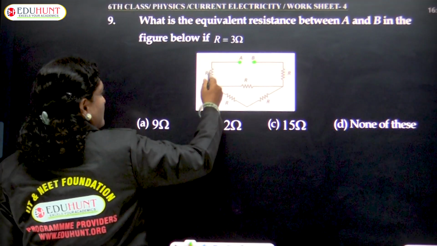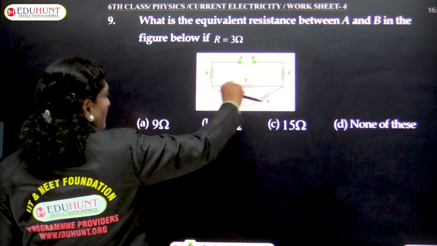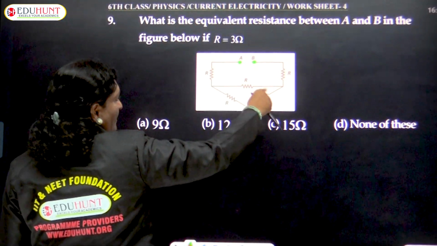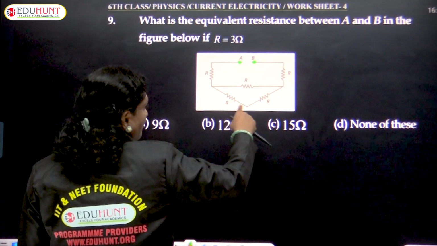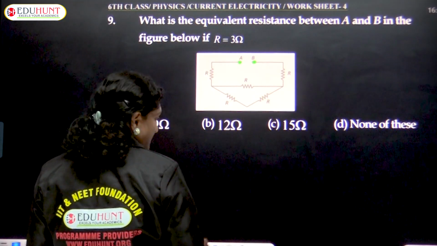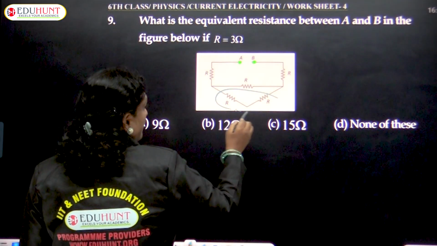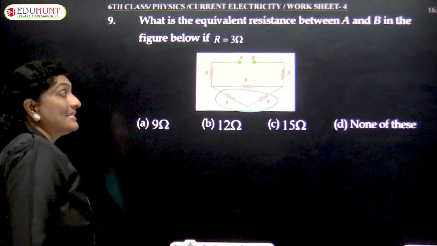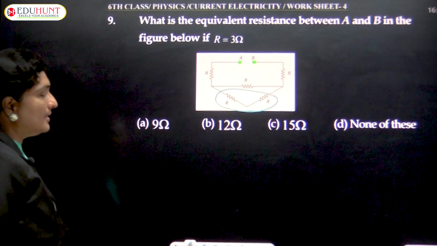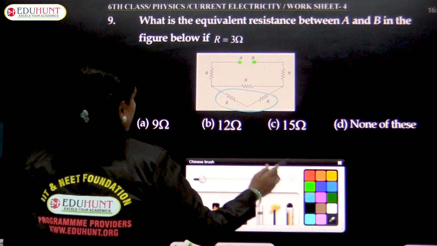Coming here, there are two different directions, here also two different directions, but if you observe the bottom part of this circuit, this R and R are connected in series combination. So, let me draw the diagram once again.